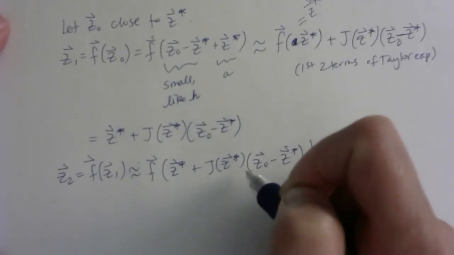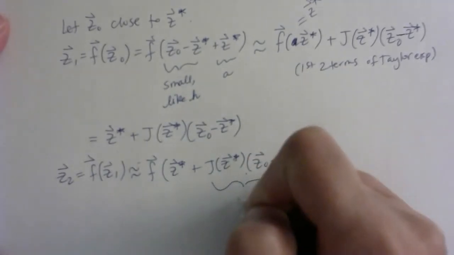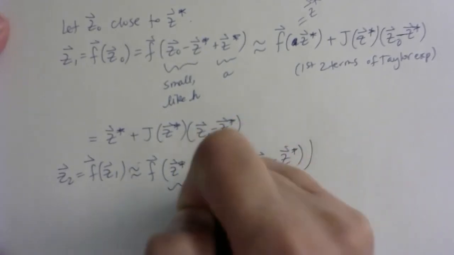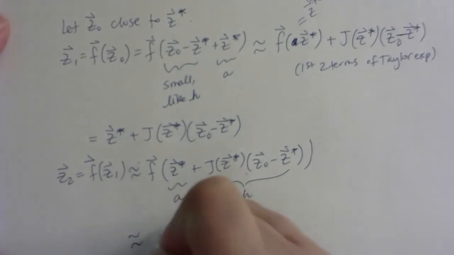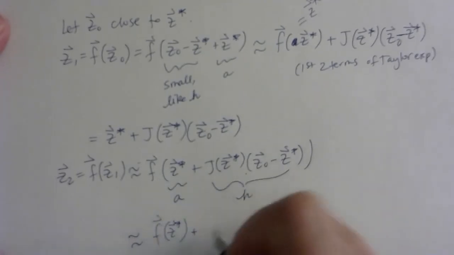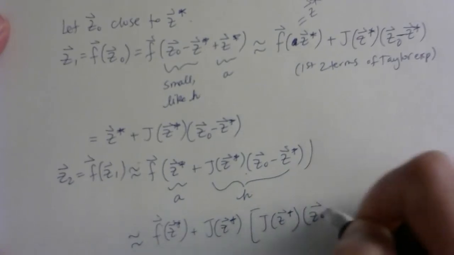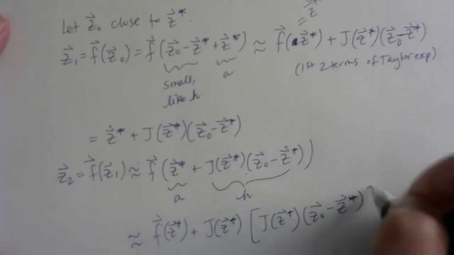Let's think of all of this as H, and this again as A. So the approximation is again f of Z star plus the Jacobian times this H. The Jacobian at Z star times the Jacobian at Z star, times Z naught minus Z star. Well, that's just the Jacobian squared.